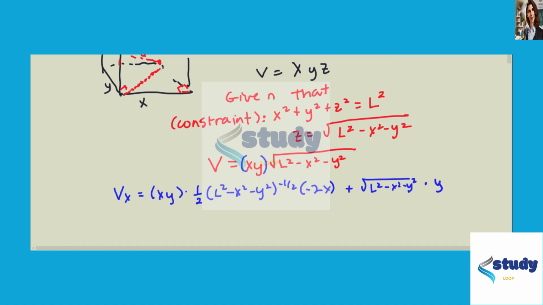Remember x was the variable, so y is a constant, so the derivative of xy is y. Also, this is a square root, so its derivative is 1/2 the stuff to the minus 1/2 times the derivative of the stuff.